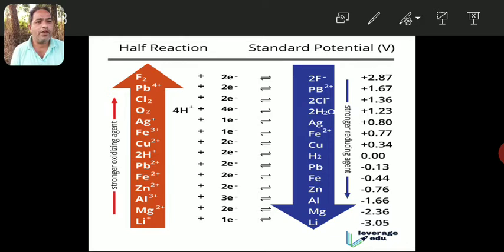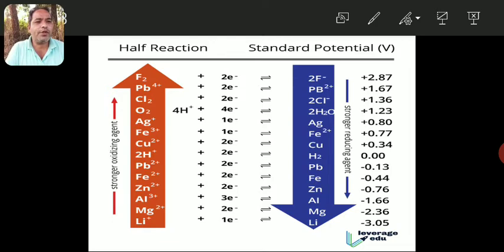Similarly, the hydrogen is 0.00 volt, which is considered the primary standard, SHE, the standard hydrogen electrode. We consider its value as 0.00 volt. By using that as a reference electrode, we find the standard potentials of other electrodes, and these values are as shown in the slide.